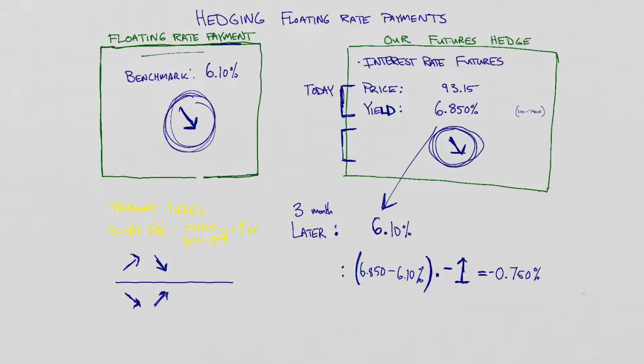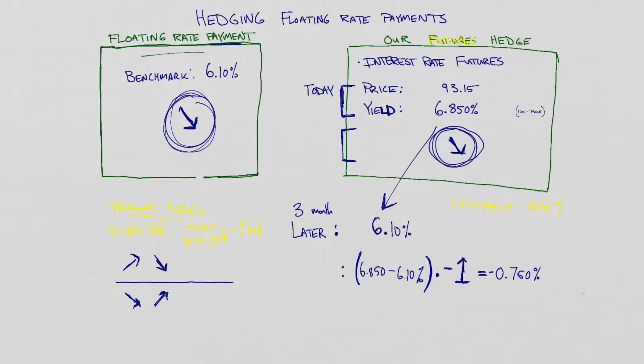But the convention for pricing treasury yields is different than that for pricing interest rate futures. They're both interest rate sensitive instruments, but the way that we price interest rate futures contracts is that we take 100 minus the price, and that gives us our yield.